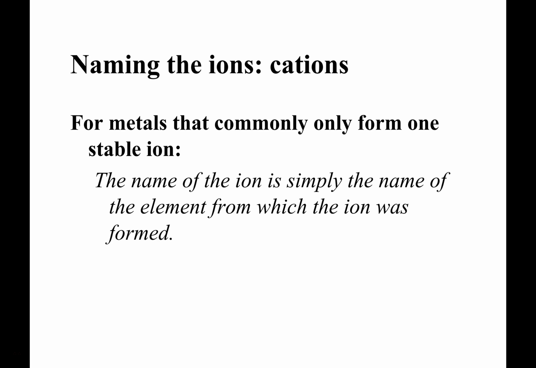It doesn't follow this rule. Well, let's read our rules. So for metals that commonly have only one form of the stable ion, the name of the ion is simply the name of the element from which the ion was formed. So that's why earlier today, you guys told me the formula for table salt was NaCl. What's the name of that? It is sodium chloride.